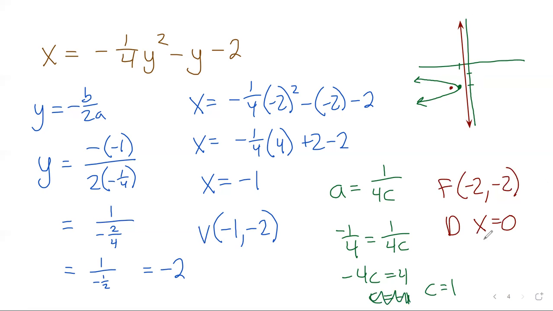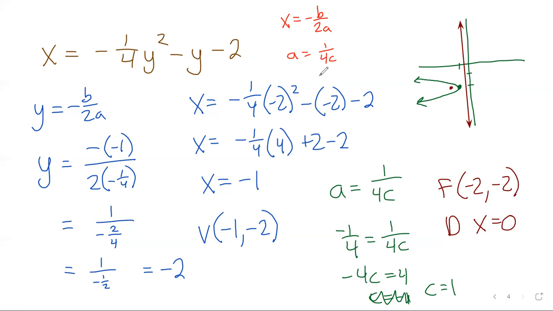So plenty of math going on in that one, and a little bit trickier because we're not used to dealing with x equals y squared. But of course, parabolas can go in any number of different directions. And really a few keys here: remembering stuff from the first time that we did parabolas and quadratics, like the vertex x equals -b/2a, and our key formula here, a equals 1/4c.